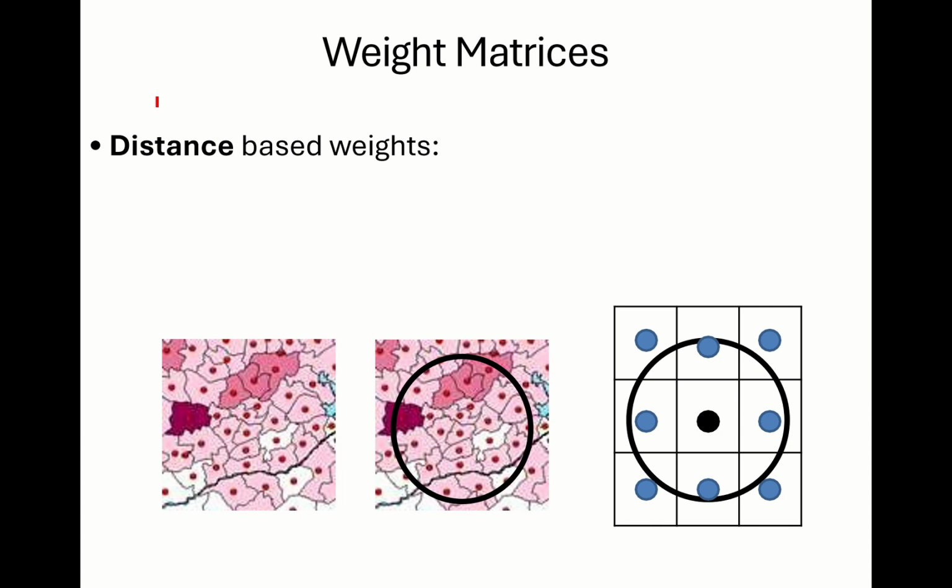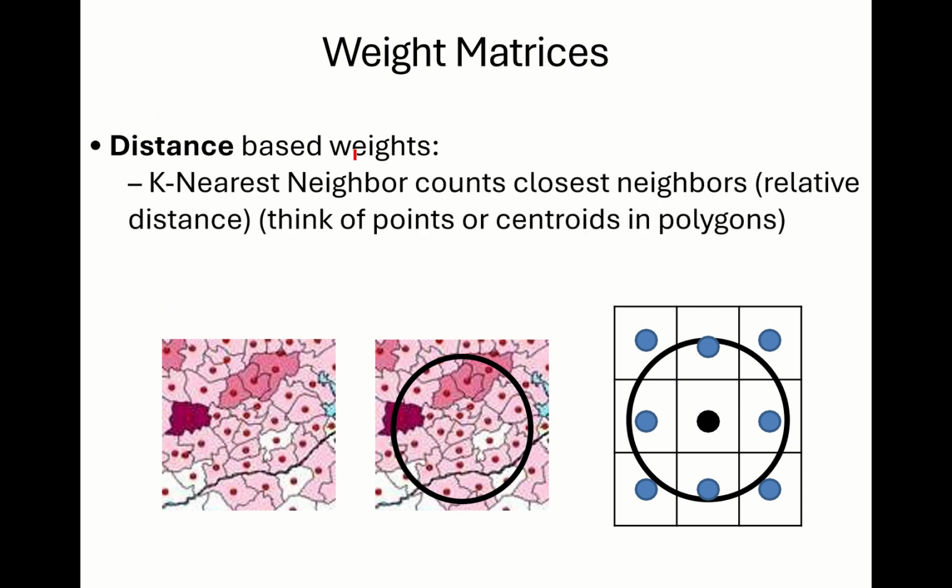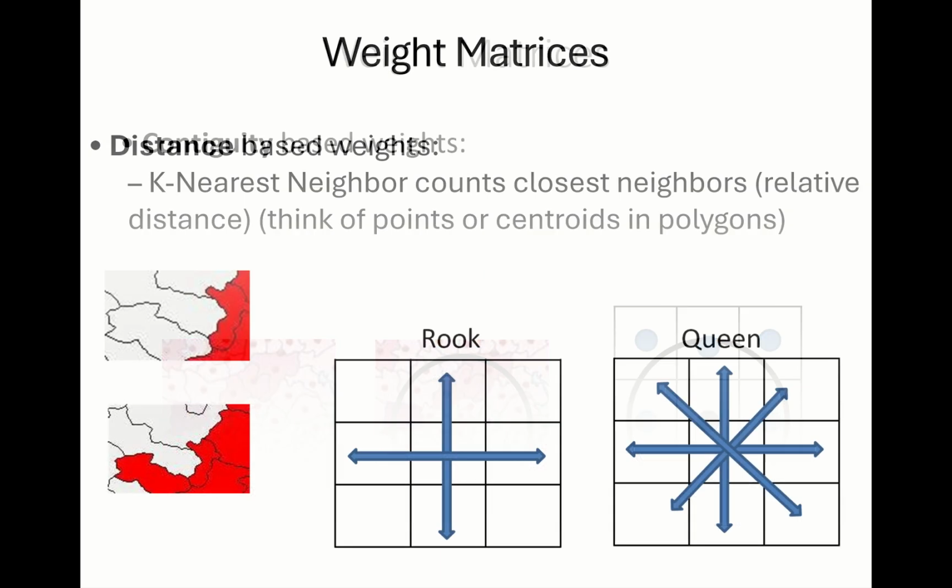For our distance-based weights, we set a certain distance from our point in question at which the program is going to look. These might be centroids or polygons. We set this radius, and the program looks at the values within the radius and compares them to the cell in question to determine how alike or unlike they are.